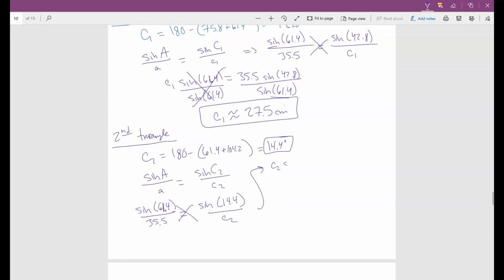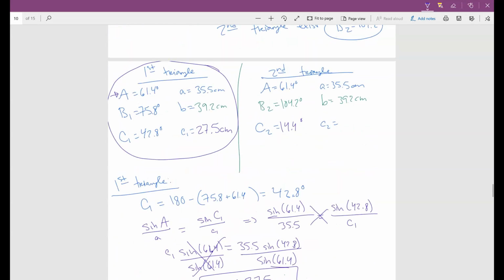So I'm going to have c2 sine of 61.4 is equal to 35.5 sine of 14.4. So I'm going to divide by the sine of 61.4. So c2 is approximately equal to 35.5 sine of 14.4 divided by sine of 61.4. And that gives me about 10.1.